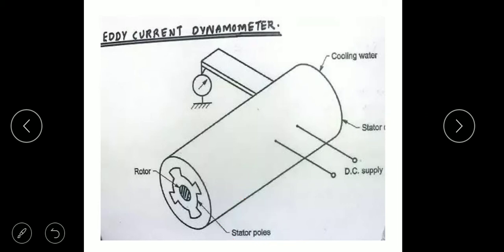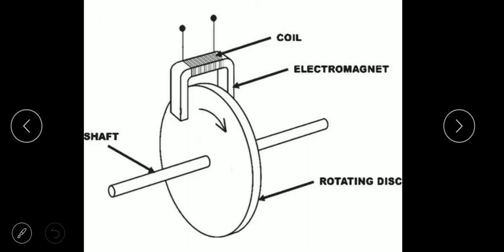Now how the rotations are possible and how the current may generate, that comes to this first case. In this case you can see there is one rotating disc which is placed on the shaft. Now consider, for your understanding, we have to measure the RPM of this shaft.